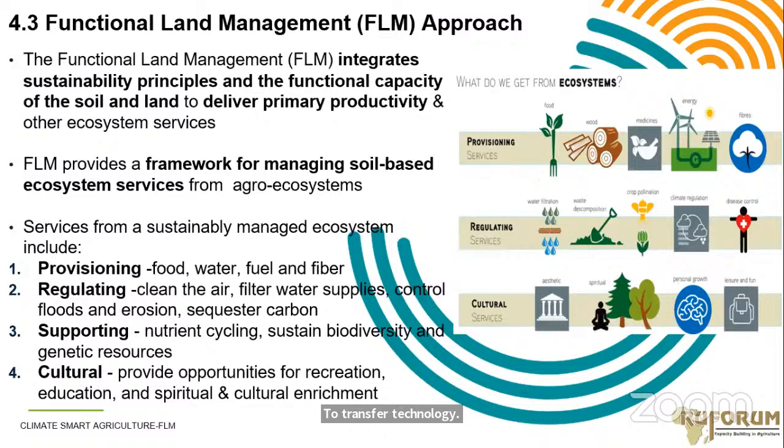So the next one, which takes more of a landscape approach, a holistic approach, is the functional land management approach. Some of this may not be very new to you.